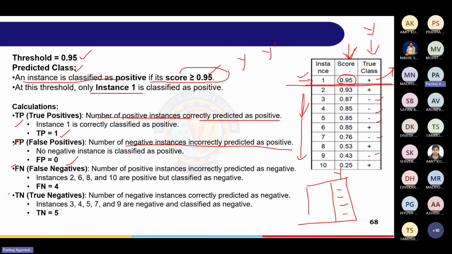Now, out of these probabilities, I have to set one threshold value, based on which I would decide that above that threshold there would be all pluses, and below that threshold everything would be negative. I mean, I have to decide the class, and these are the actual classes which are given to me.